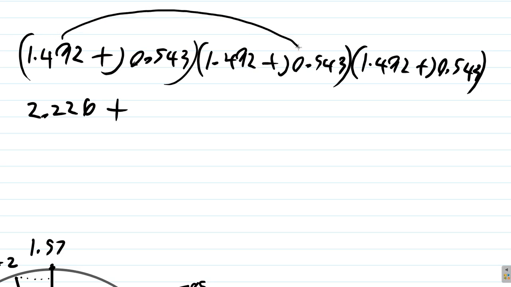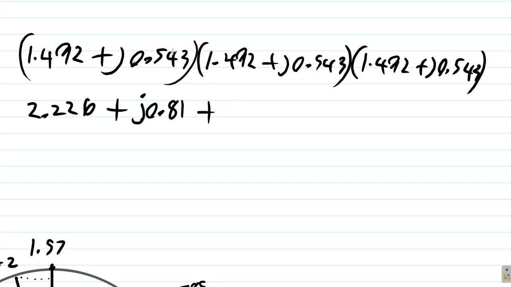Plus 1.492 times 0.543 equals 0.81, so you have j 0.81, plus the same thing, j 0.81, plus 0.543 times itself, which is 0.295.